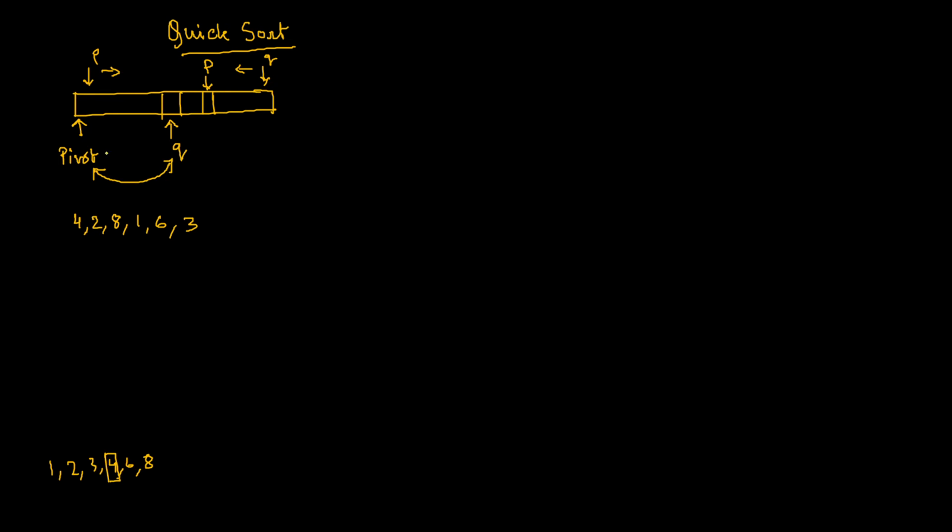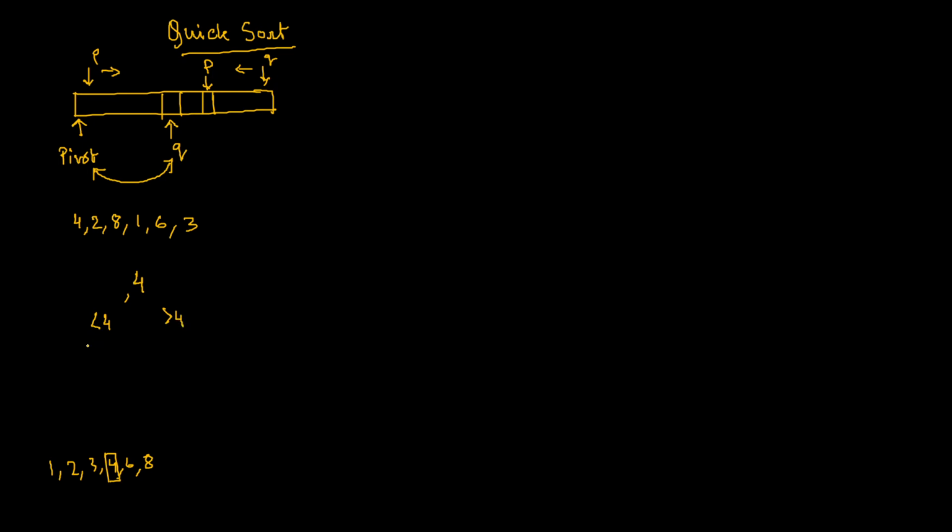After doing all these things that we have discussed, we will see that 4 is already in its correct position. Whatever data is present before 4 is all lesser than 4. Whatever data is present after 4 is all greater than 4.